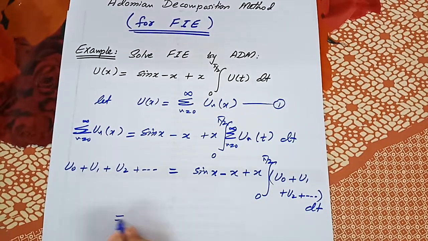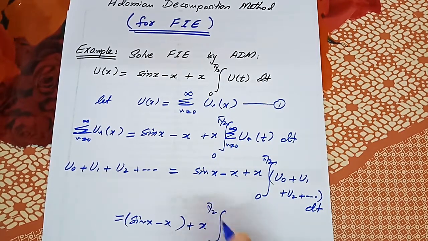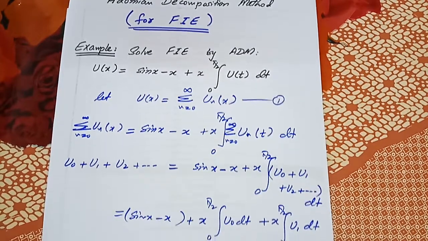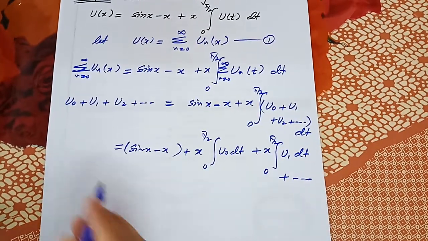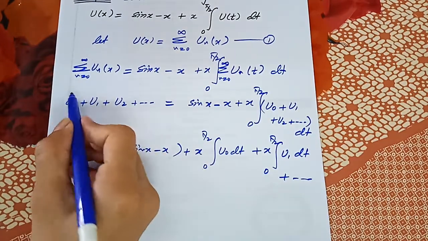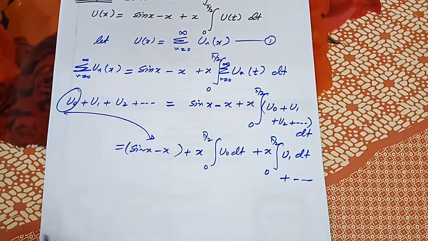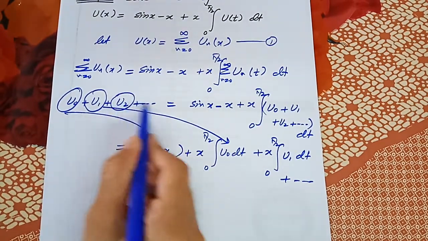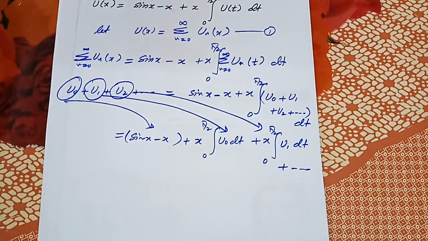Now you can expand it this way: sine of x minus x plus x times integration 0 to pi by 2 u0 dt plus x times integration from 0 to pi by 2 u1 dt and so on. Now let's compare both the sides. Take the first term with the first one, the second term equal to the second term, the third term equal to the third term, and so on.